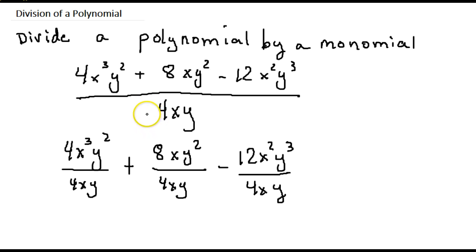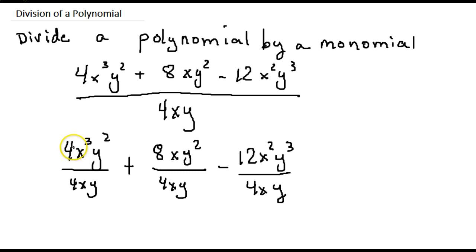So the first thing we need to do is separate each term out and divide each individual term by our denominator. So our first term is 4x cubed y squared on the numerator. So we take that and we put it over our denominator.